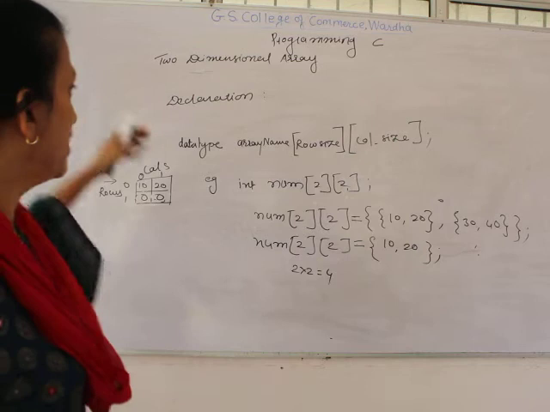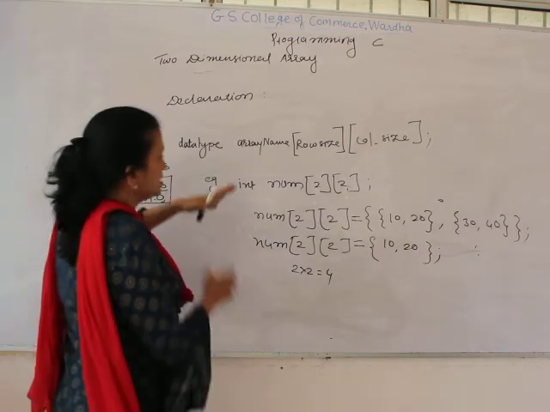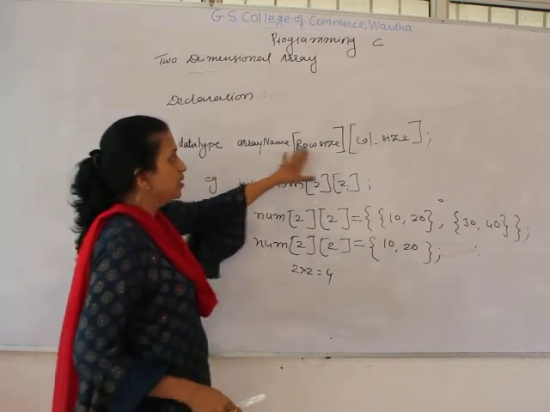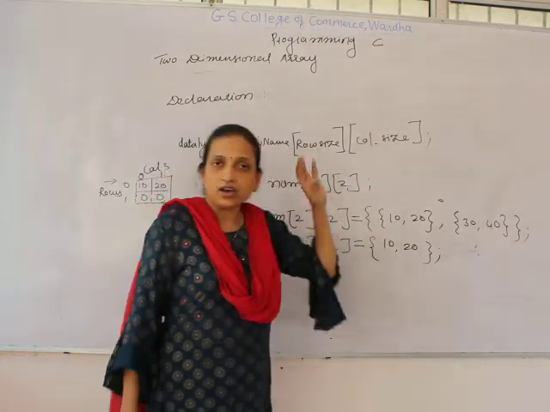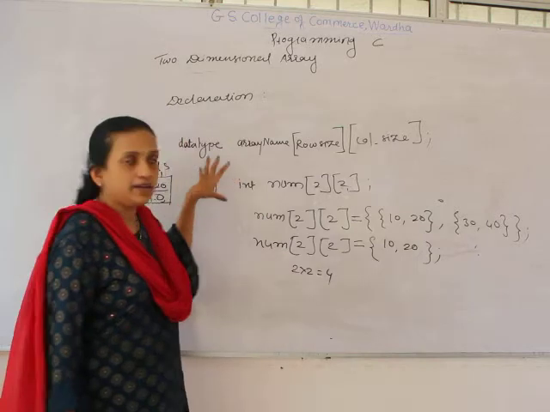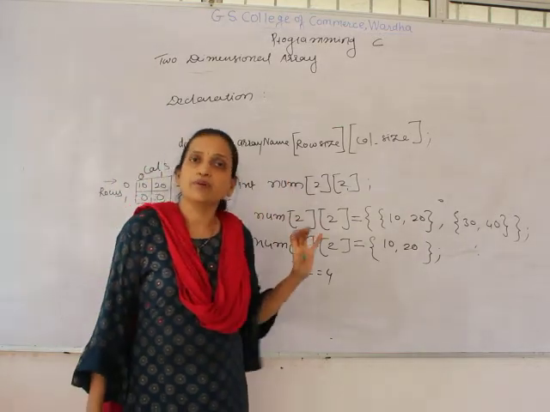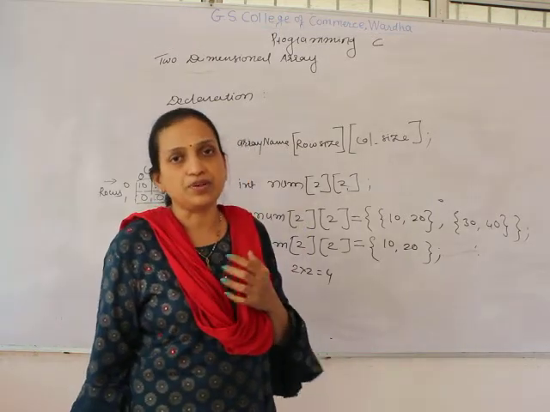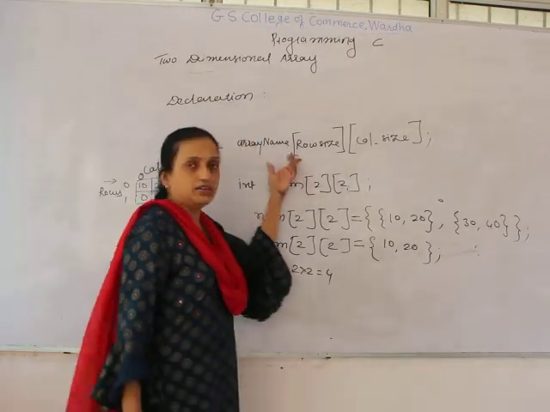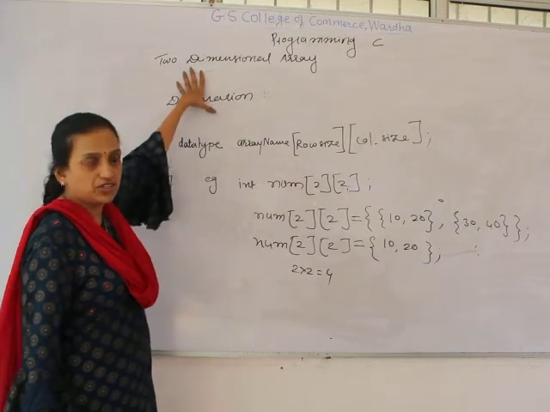So here the declaration is data type, array variable, row size and column size. This kind of array is used to form a matrix. If you want to manipulate a matrix, then we use a two-dimensional array.